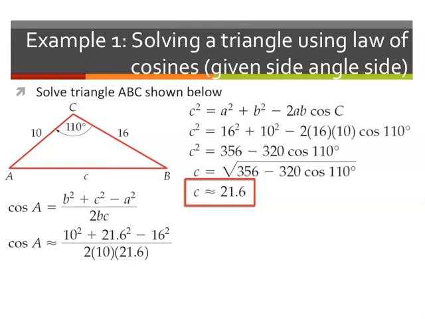The reason is because if you don't, it will follow rules of PEMDAS and it'll look like 10 squared plus 21.6 squared minus 16 squared divided by 2 times 10 times 21.6. It'll look like it should do 16 squared divided by 2 and not the entire thing in the numerator divided by 2. So my best advice is to put the entire numerator in parentheses, then put divide, and then put the entire denominator in parentheses.